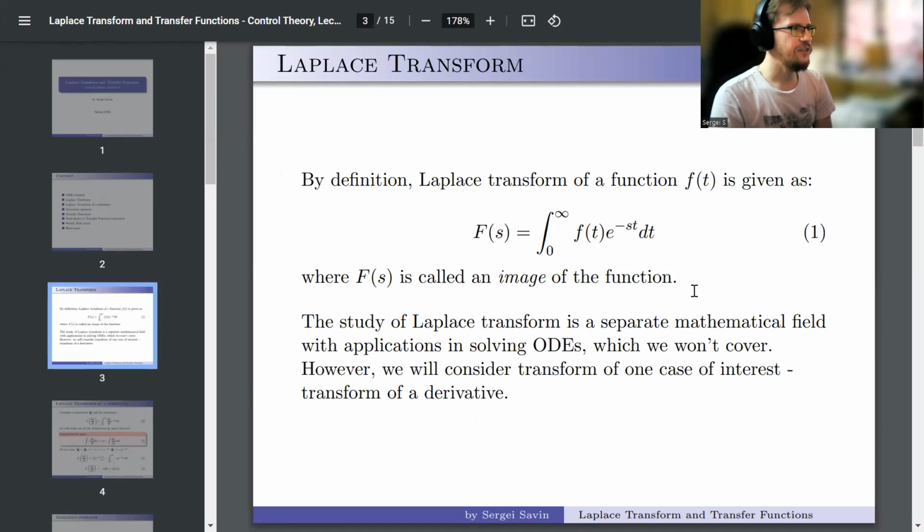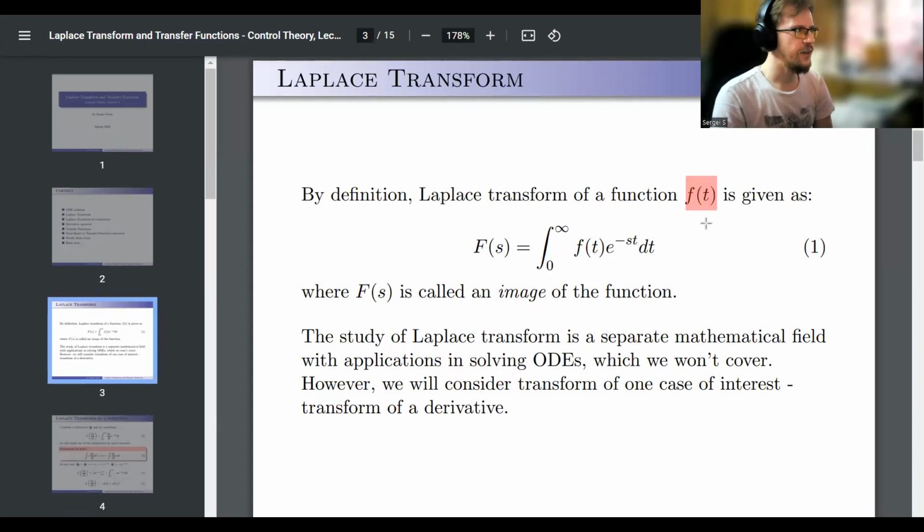All right. So let us define first what Laplace transform is. So given a function f of t, function in time domain, so the function of time, okay, we can define its Laplace transform using this integral, okay. So the original function is being integrated like this. And notice there is this kernel of integration, e to the power minus s times t.